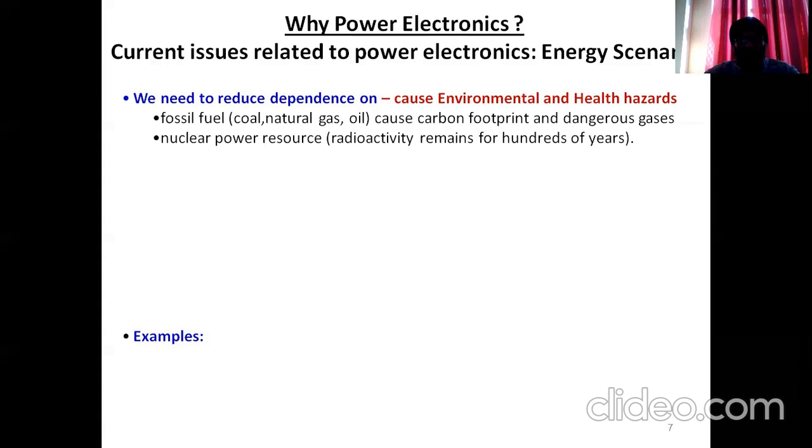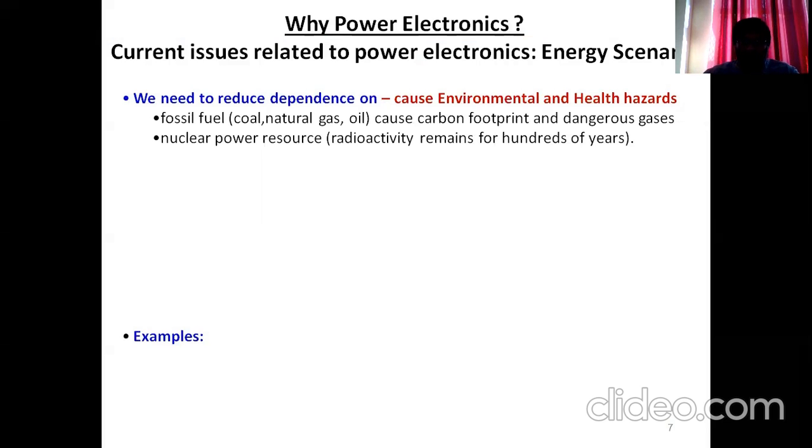Nowadays, meaning for the last so many decades, we have had a lot of dependency on fossil fuels, including coal, natural gas, oil, and nuclear power. And they cause environmental and health hazards. So we need to address these issues caused by the fossil fuels.